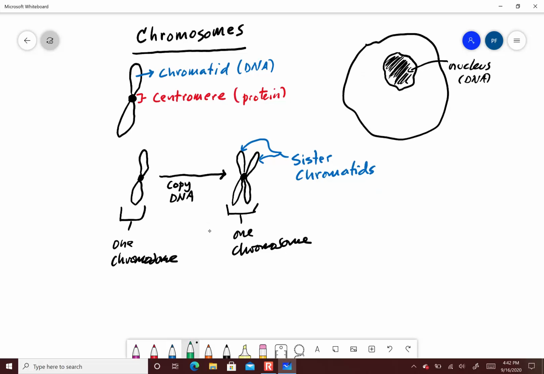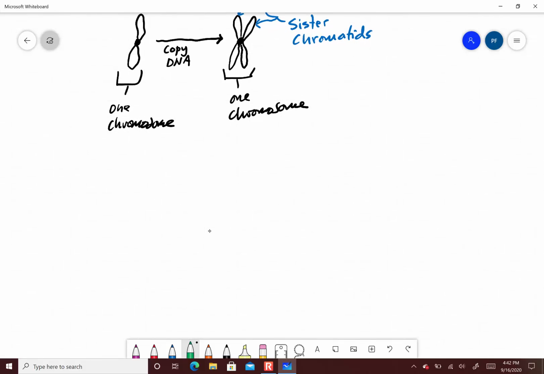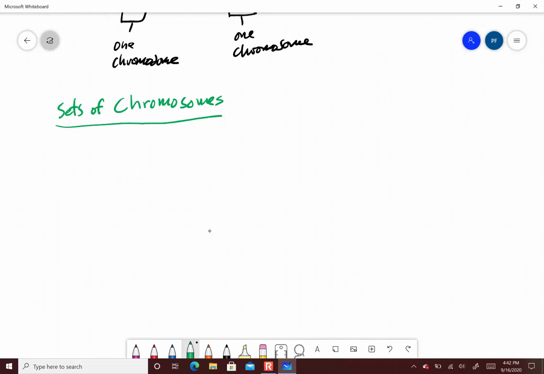All right, and then I want to tell you a couple things about chromosome numbers. What we're really going to look at is how many sets. So let's title this sets of chromosomes. Right, so I'm going to tell you two things here that we can see. It's the two most common things we see. So the first is if we just have one set.